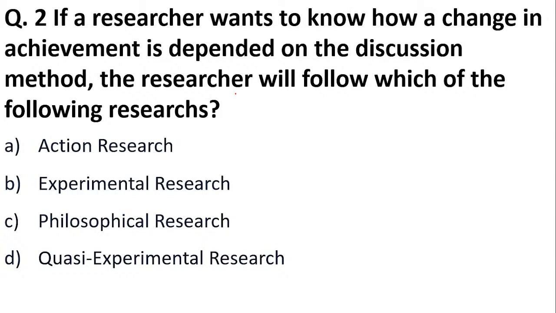If a researcher wants to know how a change in achievement is dependent on the discussion method, the researcher will follow which of the following researches? Action research. So action research is to find out answers to immediate problems. Experimental, psychological, or quasi experimental.